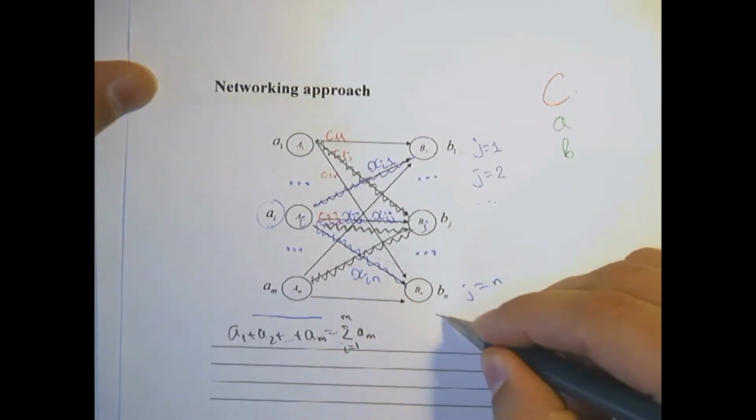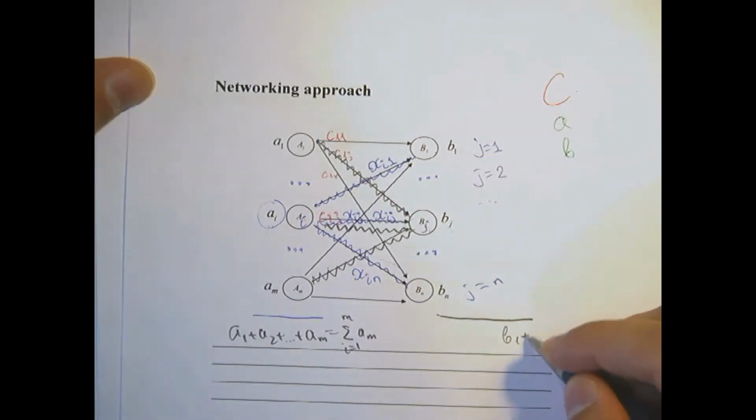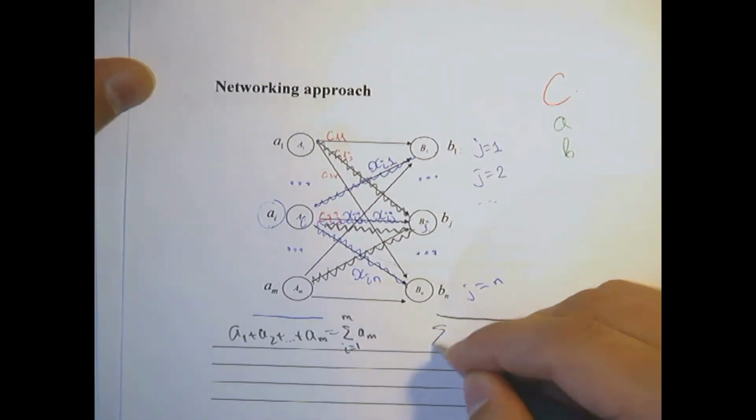Also we may draw a line here and calculate b small 1 plus b small 2 plus and so on, b small n, the right-hand side, the total demand.